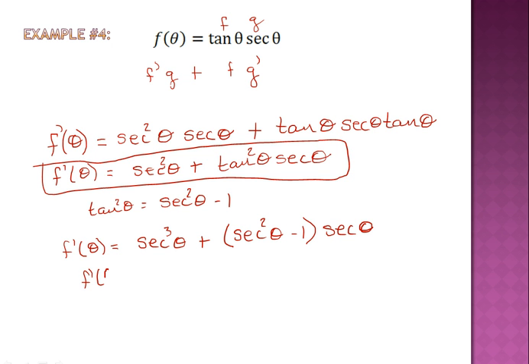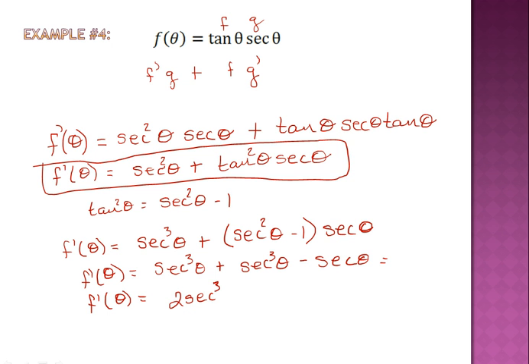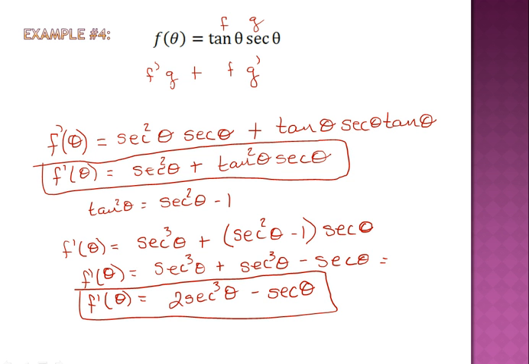And so I can simplify it and say secant cubed plus secant cubed minus secant. And then simplifying further, I have 2 secant cubed minus secant. And this would be very simple to solve if we had to set it equal to 0 and find any horizontal tangents. So although both are acceptable answers, this one, if you're going to use it again, is much more preferable.